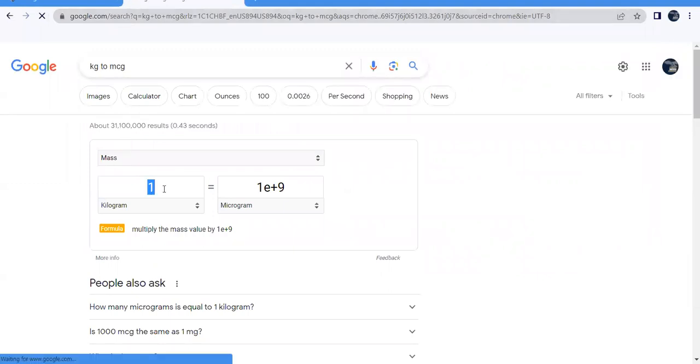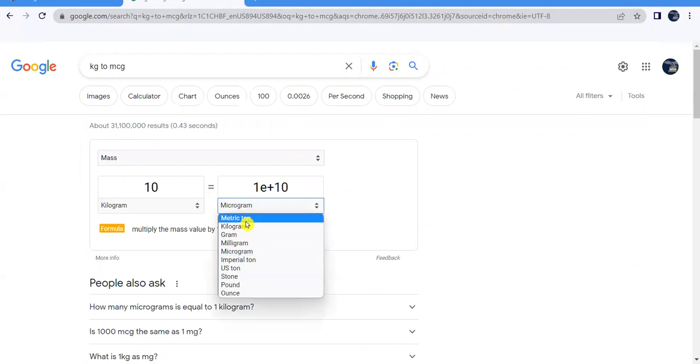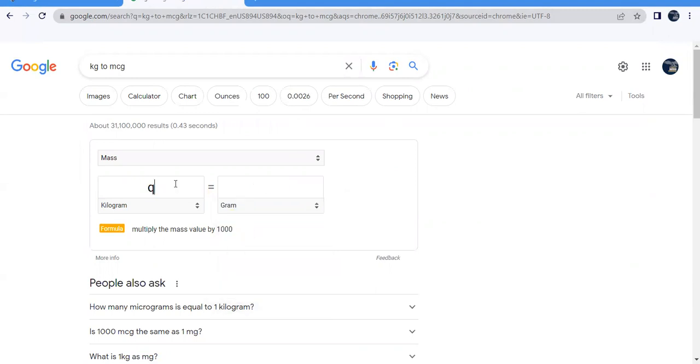If you have 10 kilograms, the downside of using Google is it will sometimes give you scientific notation, like it did for me here. 10 kilograms is 1 billion, 10 million? It's a lot of micrograms. Oh, no, let me do kilogram to gram. 1 kilogram is 1,000 grams.